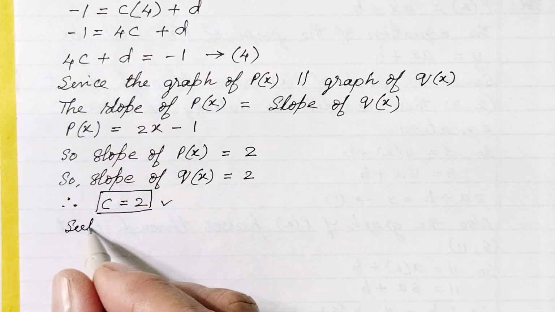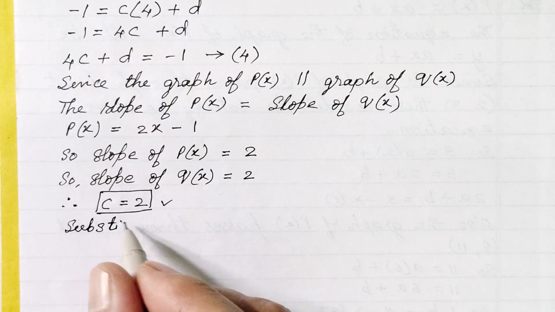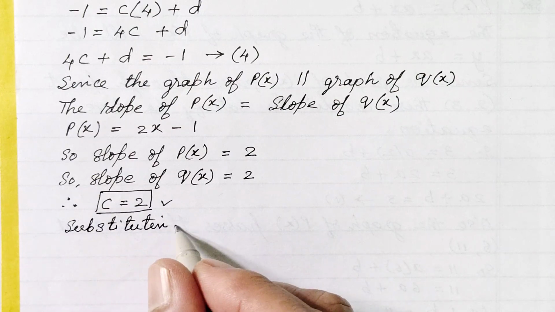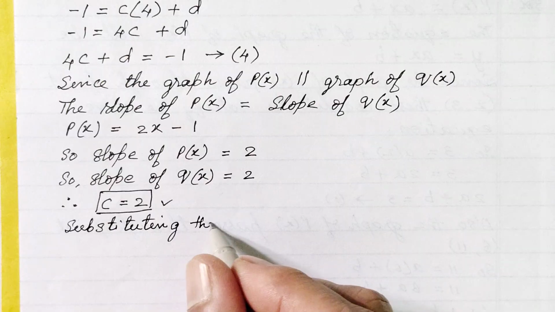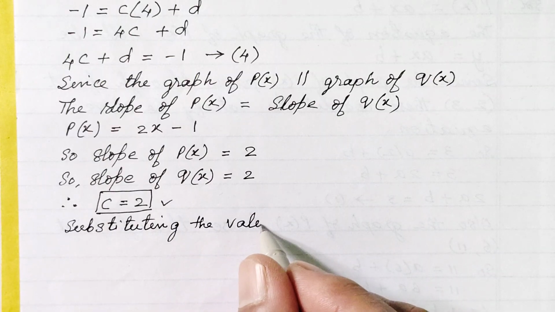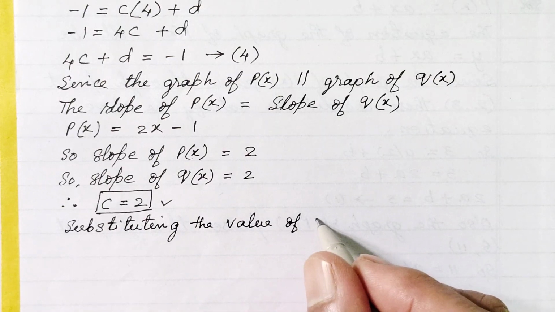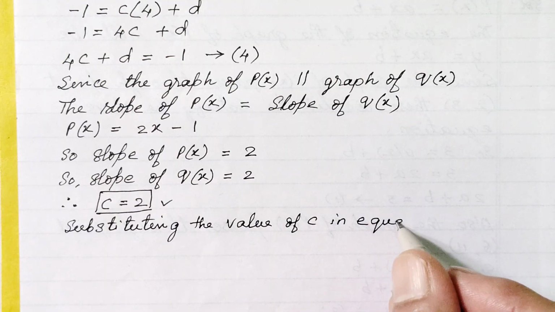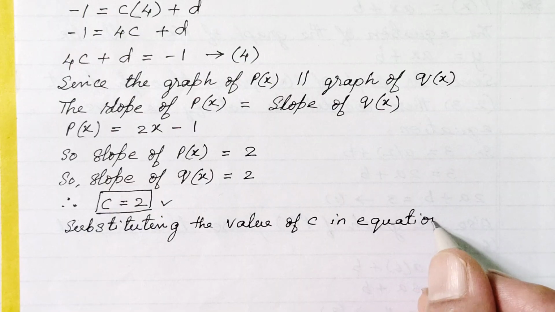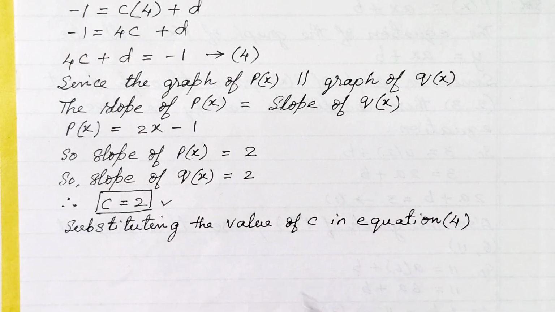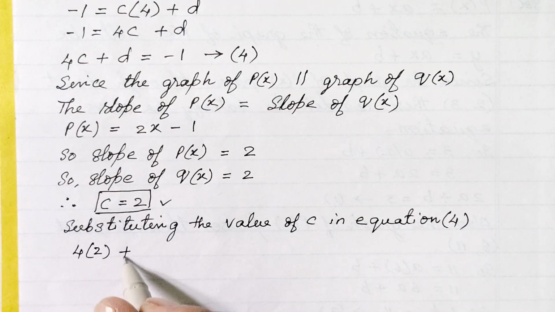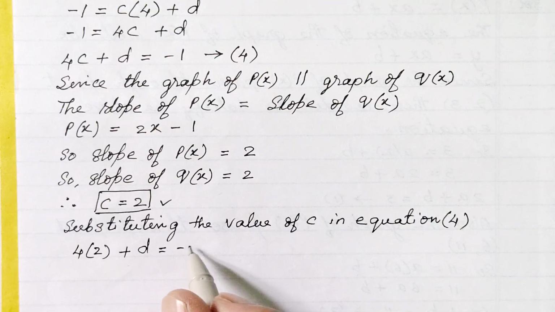Substituting the value of C in equation 4, it will become 4 into 2 plus D is equal to minus 1.